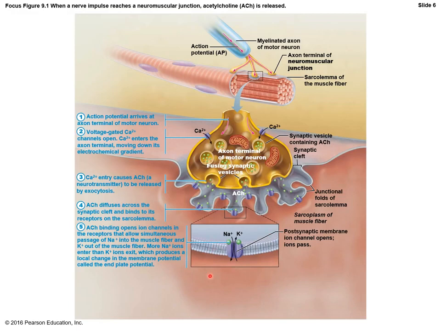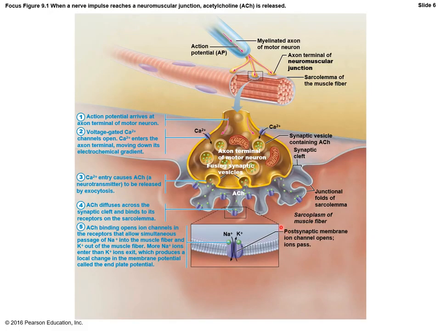This is a type of a gate that responds to a chemical binding to it. And when that neurotransmitter binds to it, it opens. And this one is specific for allowing sodium in. Some potassium will leak out, but mostly you have sodium coming in because sodium is higher outside the cell than inside the cell.